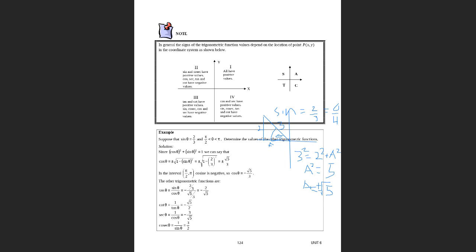Let us remember that here your adjacent is on the negative side of the Cartesian plane. It means that it's going to be negative, not the positive. Negative square root of 5.